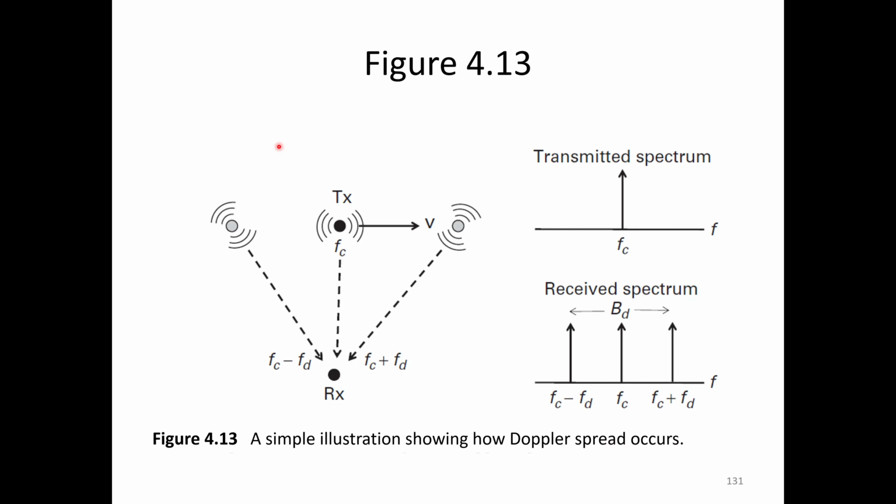In this figure we can see that the transmitter is moving to the right hand side at speed v. Here is a scatterer, and here is another scatterer. They are both stationary, in other words, they do not move. And here is the receiver, which is also fixed.